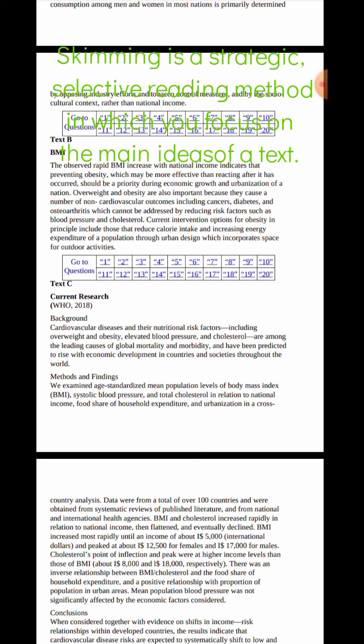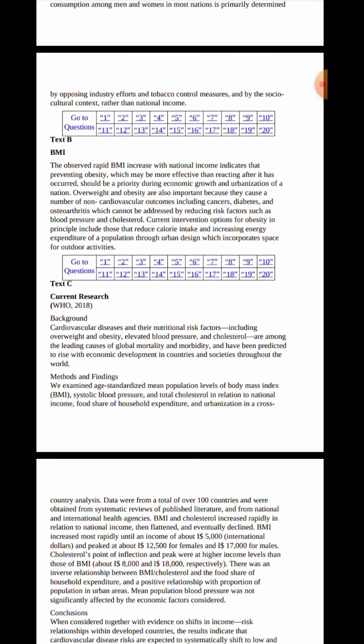This is going to be more helpful because we know what we are looking for. Cholesterol is going to be used in all of these texts, B, C, and D. But because we have not just one but two keywords, it will be helpful and save us a lot of time.